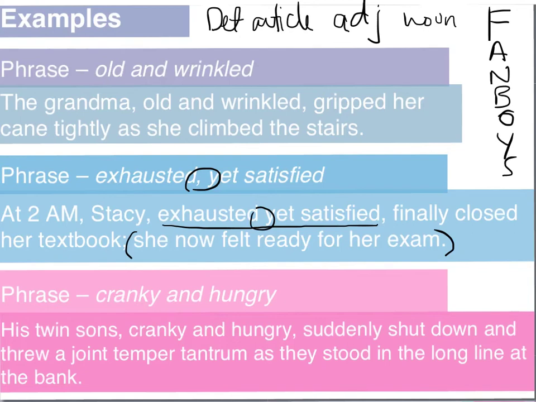And lastly, this one right here. The twin sons, cranky and hungry, suddenly shut down and threw a joint temper tantrum as they stood in the long line at the bank. So again, we can see this very close-up scene of two cranky and hungry young twins suddenly shutting down because they're so hungry as they stand in line with their dad and throwing a temper tantrum, right?